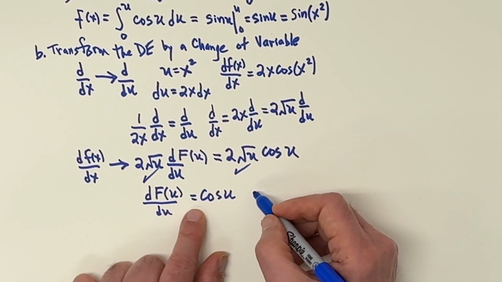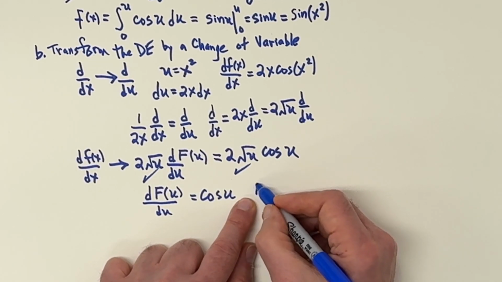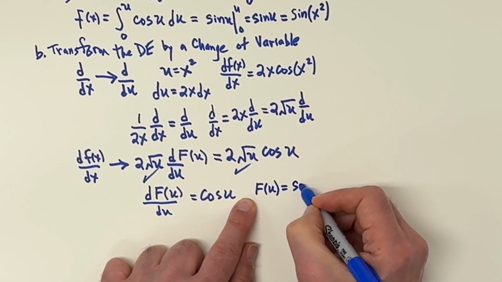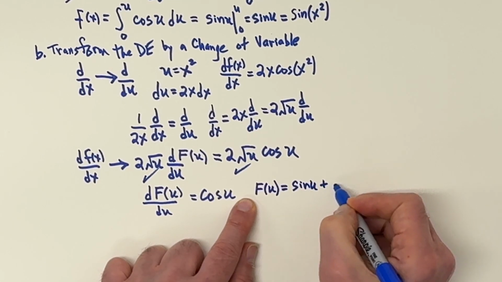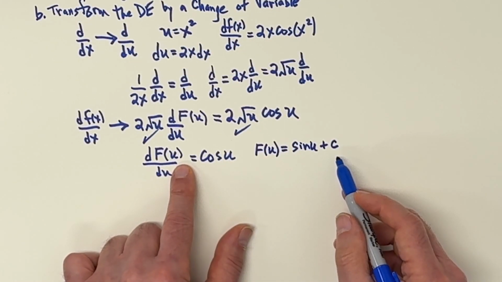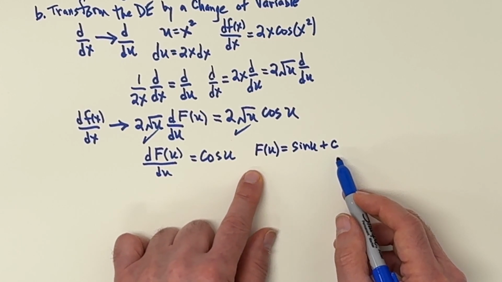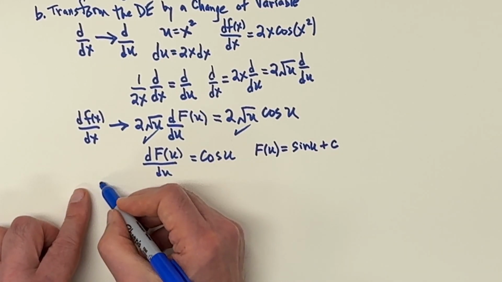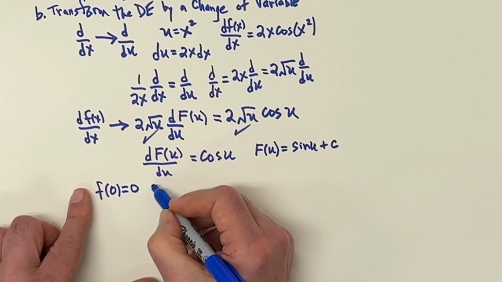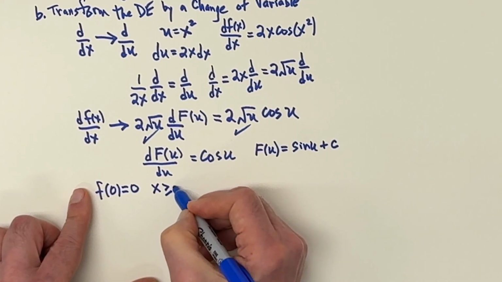So one approach here is to say, well, look, this function, capital F of u, has to be equal to the sine of u plus a constant. And then evaluate the constant based on what's given. Well, what was given? Remember, we said that little f of 0 is equal to 0, and x is greater than or equal to 0.